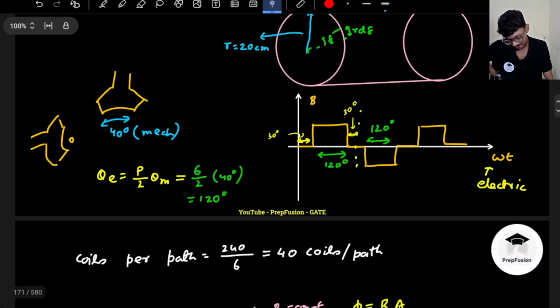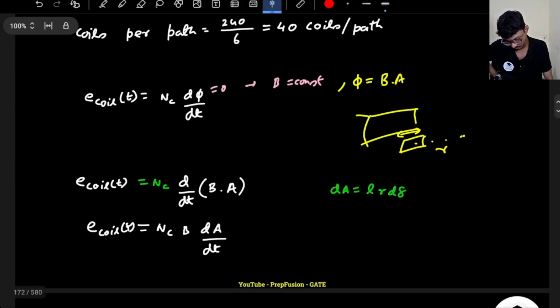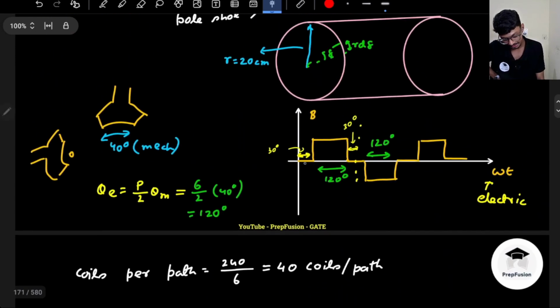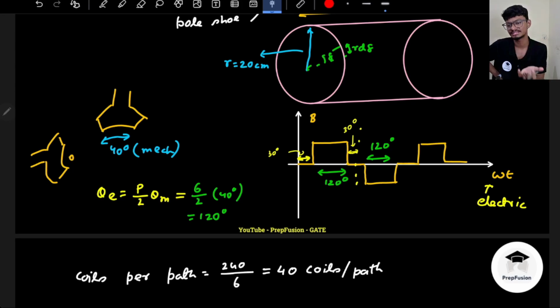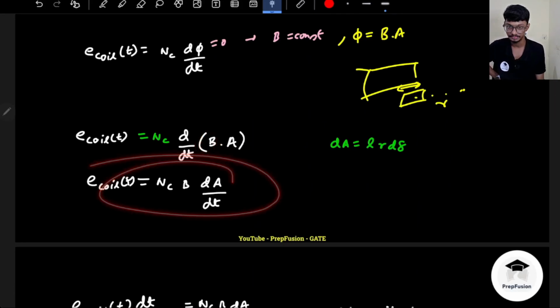So for the integration over 0 to 180, for 0 to 30 and for 150 to 180 it is always 0. The induced voltage also will be 0, because the flux density itself is 0. Because it is a product of flux density and area, if the flux density is 0, the induced voltage also will be 0.